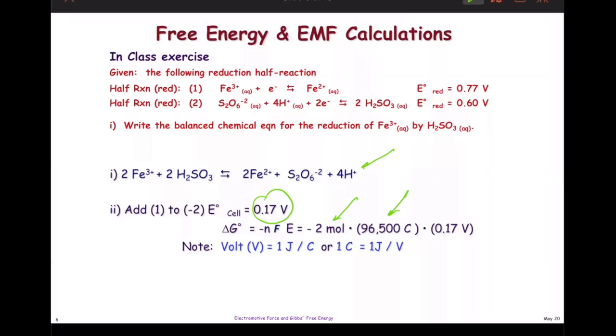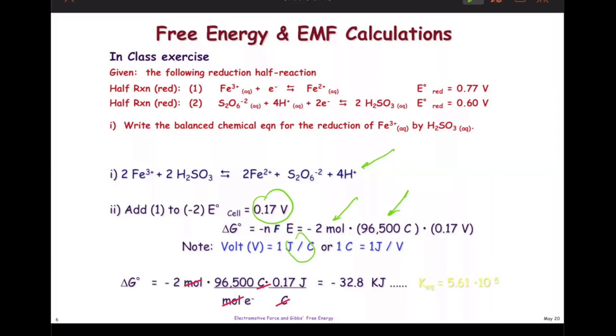I usually would use 96,485 just because it's in the top of my head, but 96,500 will also work. There's going to be a cushion in rounding off, and then 0.17 volts. Remember that 0.17 volts is going to be joules per coulomb right here. So when you do the math, it comes out to minus 32.8 kilojoules, or 32,800 joules.